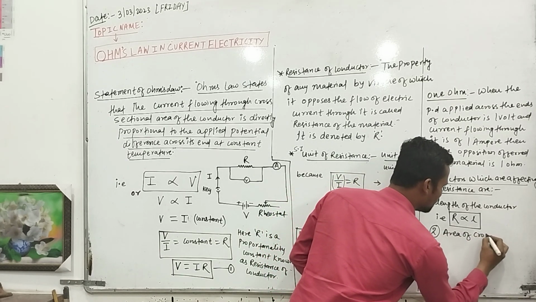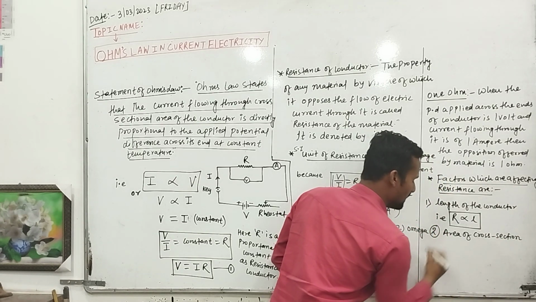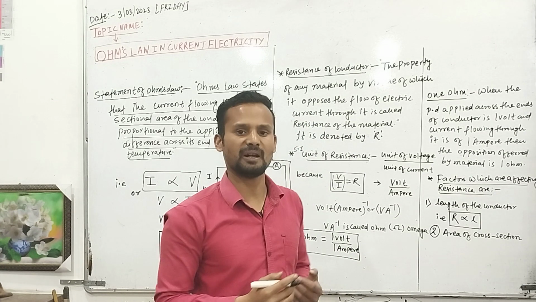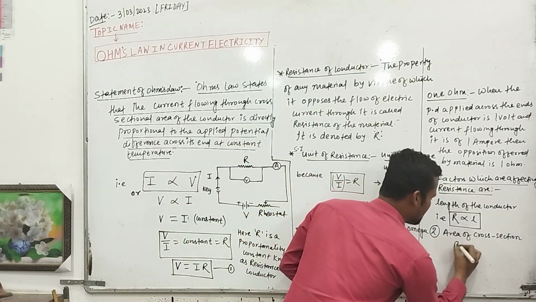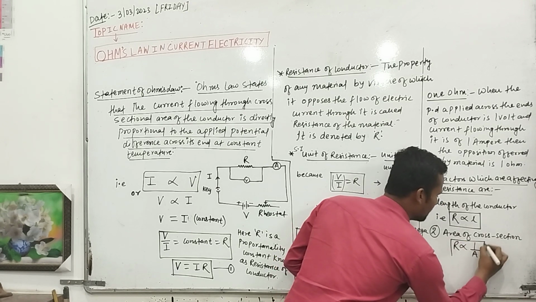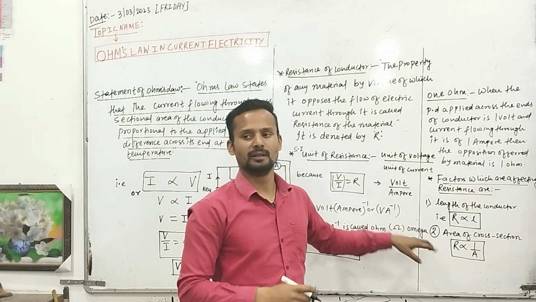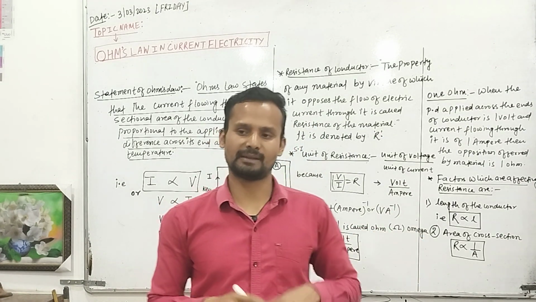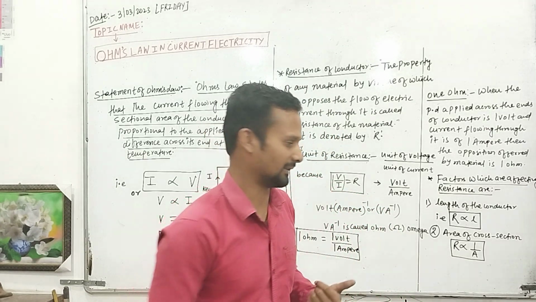How does resistance depend on area? It is found that the resistance of a conductor is inversely proportional to its area. So R is inversely proportional to its area. It means that if we increase the area, resistance decreases. If we decrease the area, resistance increases.